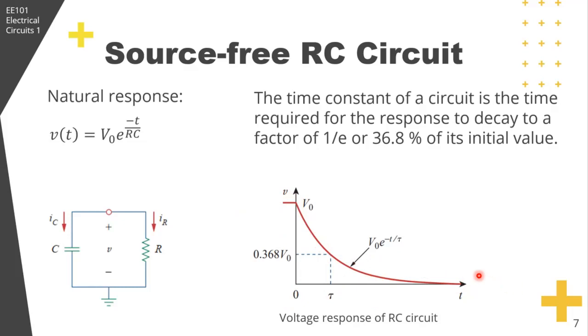The rapidity with which the voltage decreases is expressed in terms of the time constant tau. The time constant tau is the time required for the response to decay to a factor of 1 over e, or approximately 36.8% of the initial value.